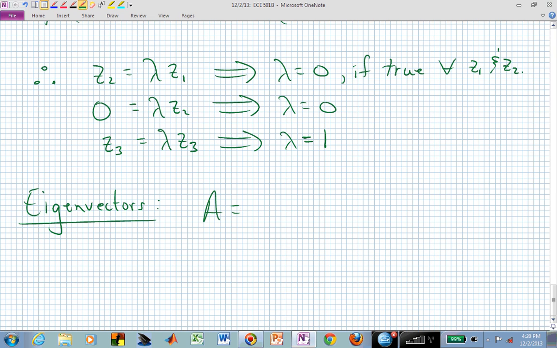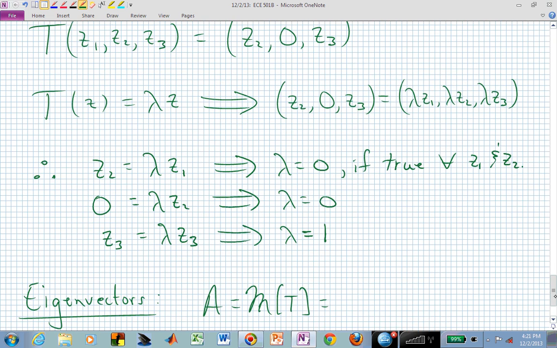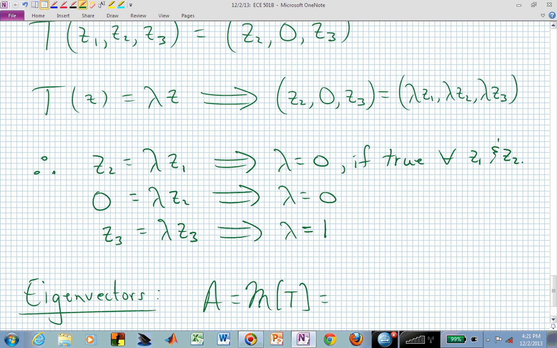In particular, suppose I call A the matrix that's associated with that linear map T. Can you build up this matrix A, the matrix representation of this linear map T, from this relationship of T operating on a three-dimensional vector z, producing this new vector (z2, 0, z3)?